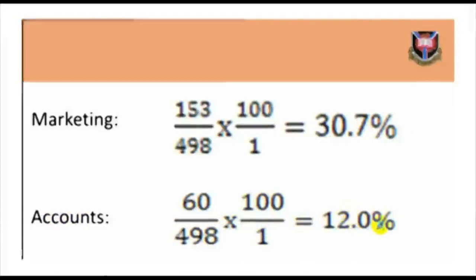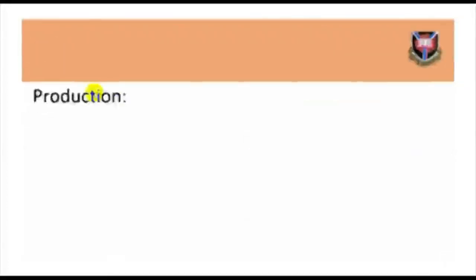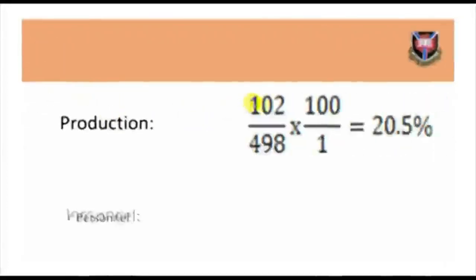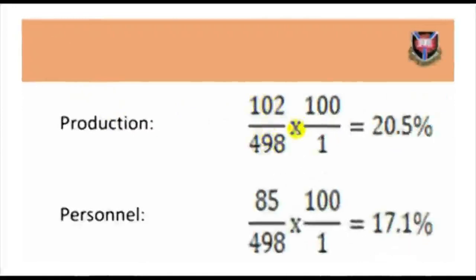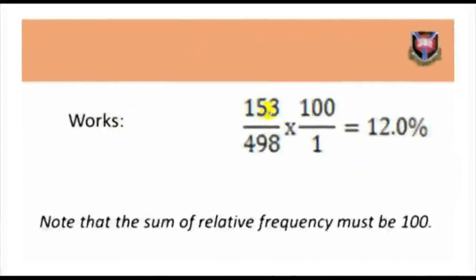For production, we have 102 divided by 498 times 100 over 1, which will give us 20.5%. For personnel, 85 over 498 times 100 over 1, which will give us 17.1%. For works, 153 over 498 times 100 over 1, which will give us 12%.